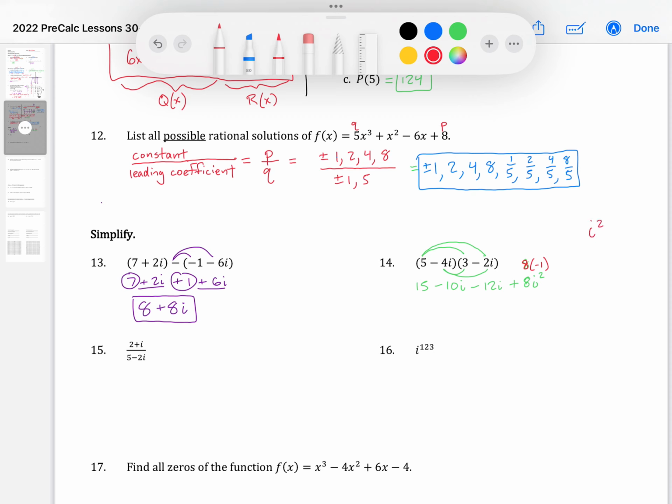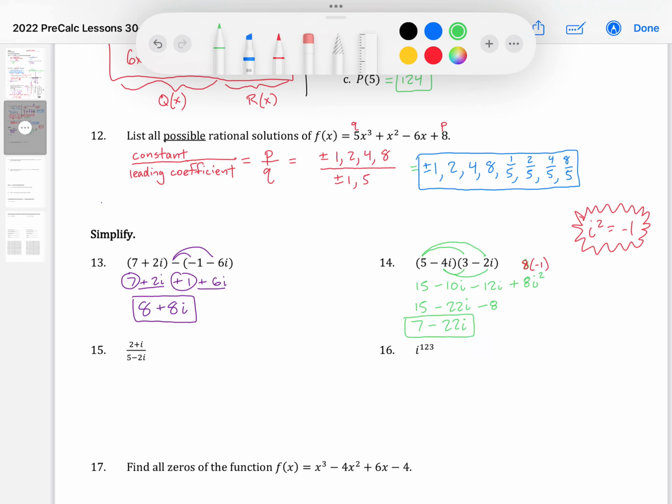So remember, i squared is always negative 1. That is something you should not forget. That's going to come up a lot in these last few problems. All right, so if we simplify this, we have 15 minus 22i, and then it's positive 8 times negative 1, so it's minus 8. And if we combine the 15 minus 8, we get our answer, which is 7 minus 22i.